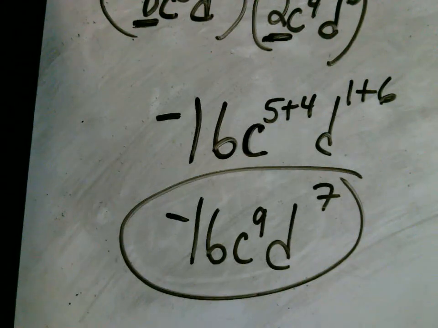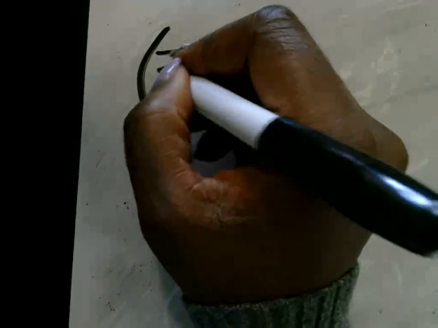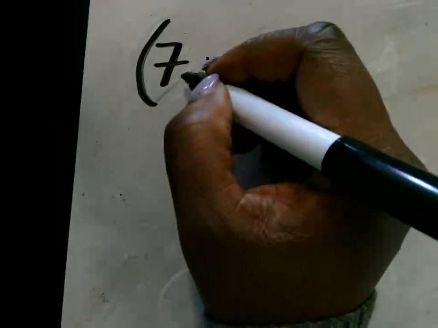Okay, so we're going to do just a couple more for those that are not comfortable. Let's do one more, okay? Let's try. Don't forget to multiply, add the exponents of the variables, okay? All right, so let's try another negative. Let's make this one positive first. Let's do a +7, okay?